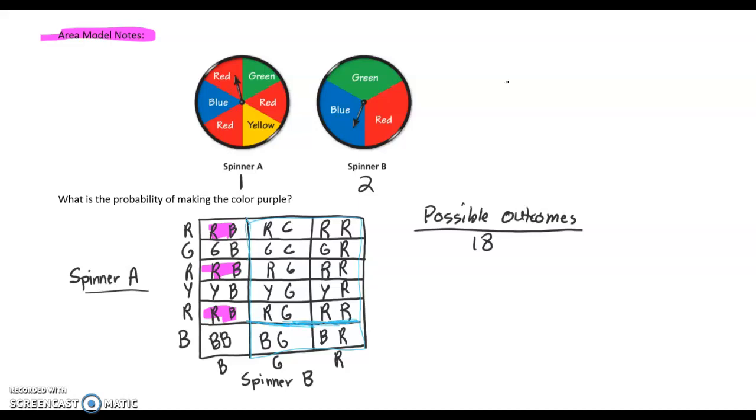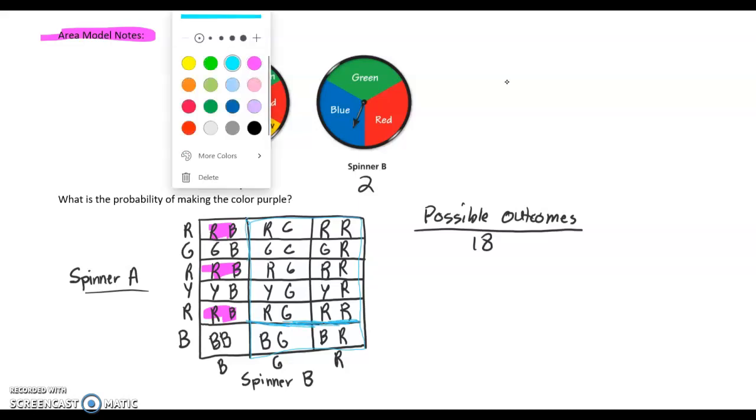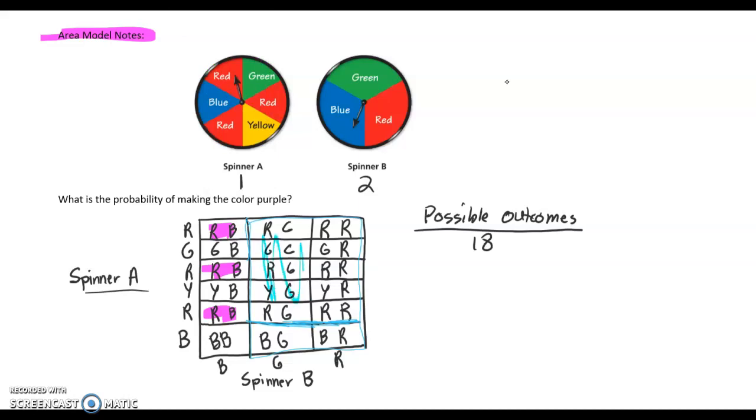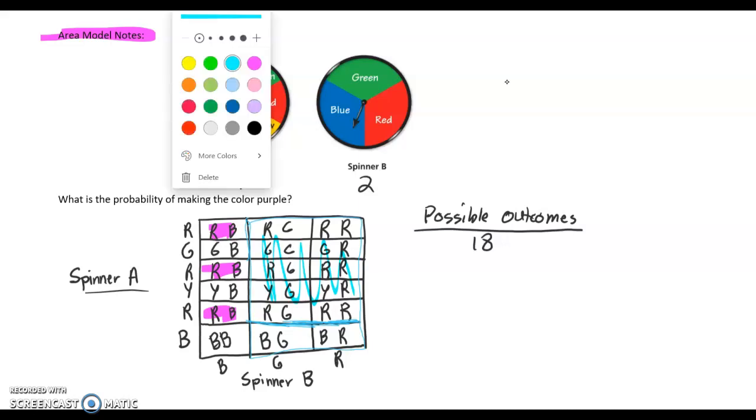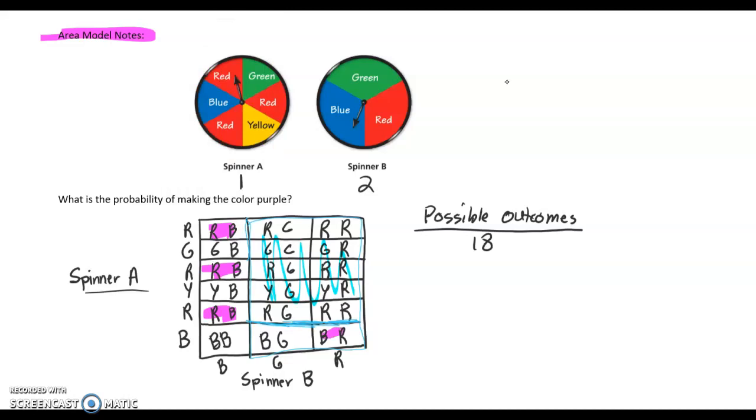All of these columns are not going to have the color that we need because there's no blue in them. But there is one more we need to highlight as purple, and that is this blue-red down here. This still makes purple. It doesn't matter what order it's in.